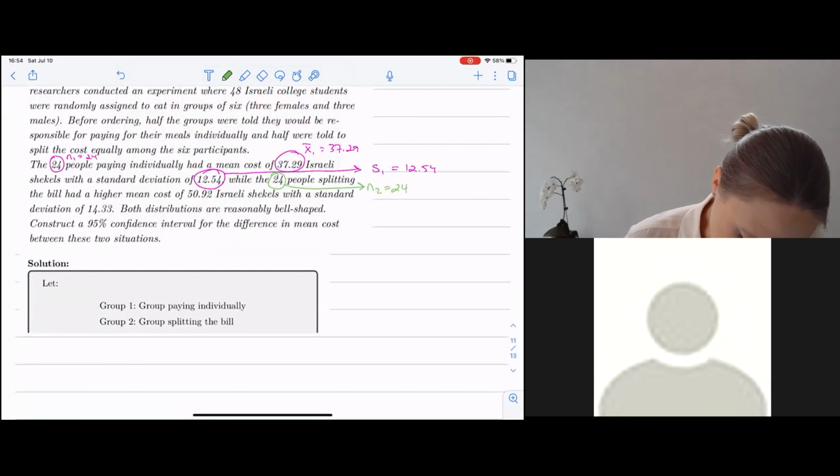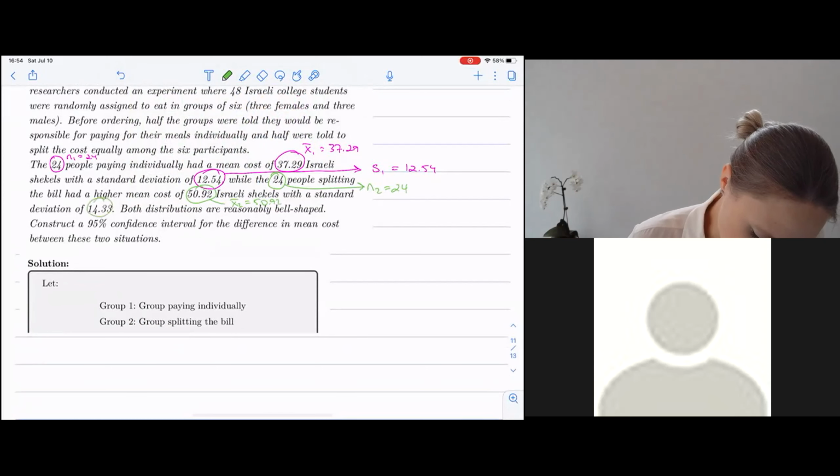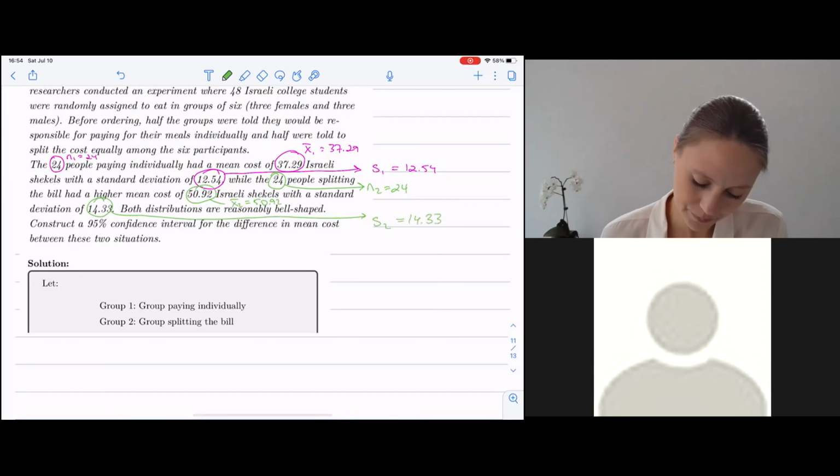They had a higher mean cost of 50.92. So X2 bar is 50.92 with a standard deviation of 14.33. S2 is 14.33.